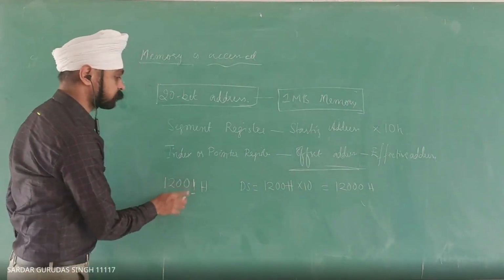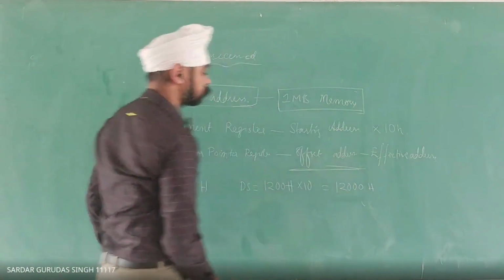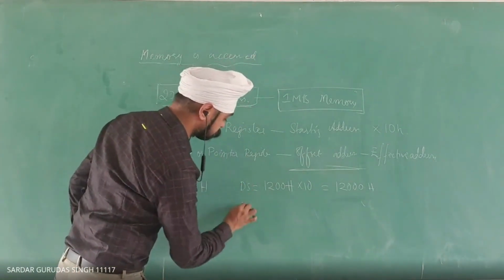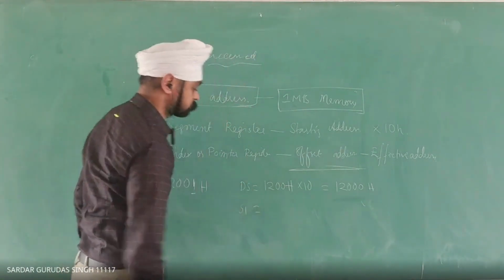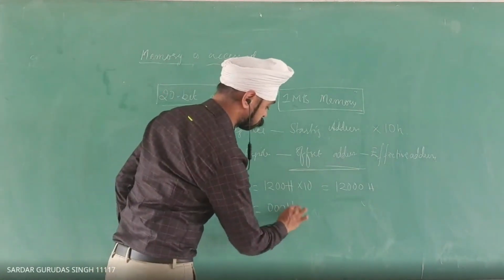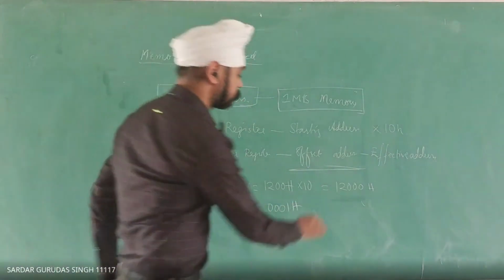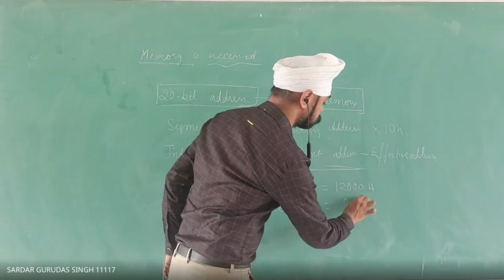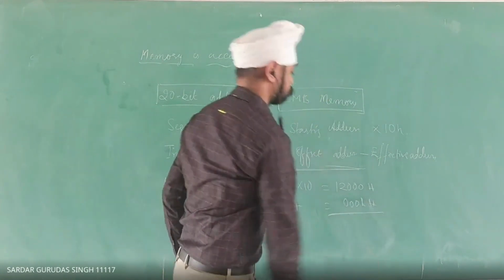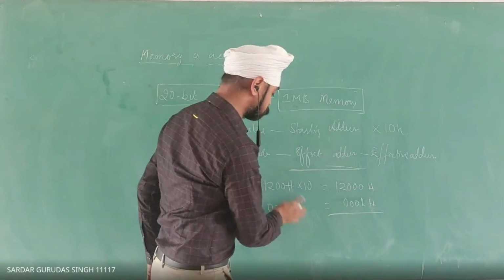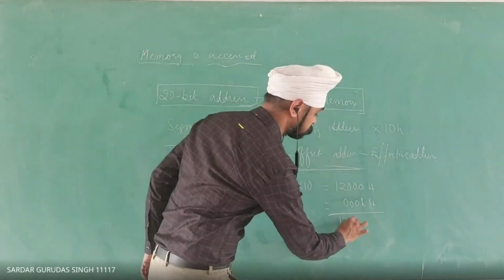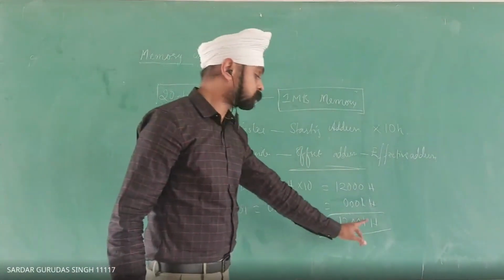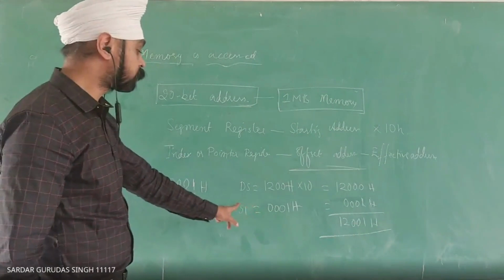At the first address. For the data segment we use the source index, and as the offset address I will specify 0001. Now, how will you calculate the physical address? The starting address into 10 plus the offset address. So it will make us access 12,001H. This is how we calculate the address.